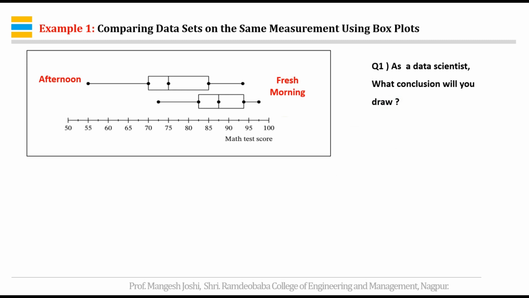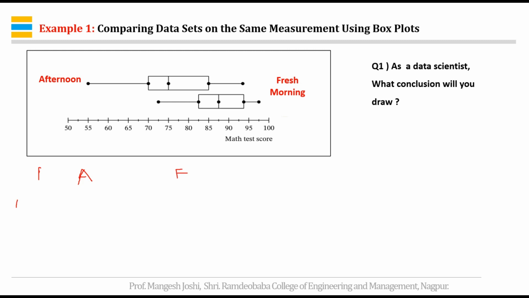As a data scientist, what conclusion will you draw from this case? First of all, you have to note down various parameters. Suppose this is the afternoon and this is the fresh morning, right?